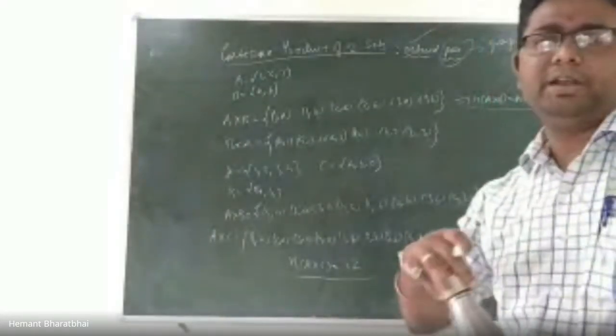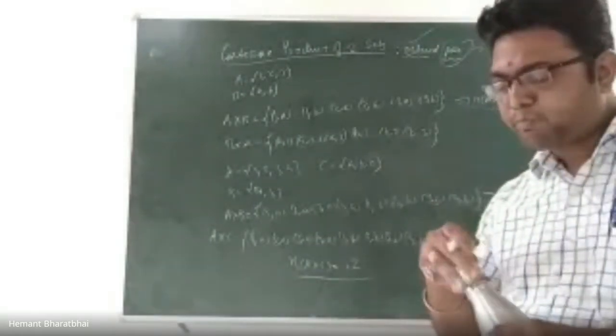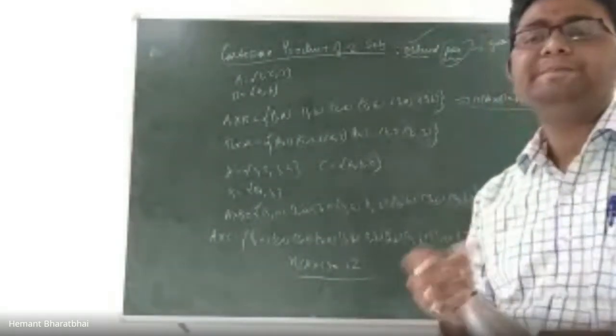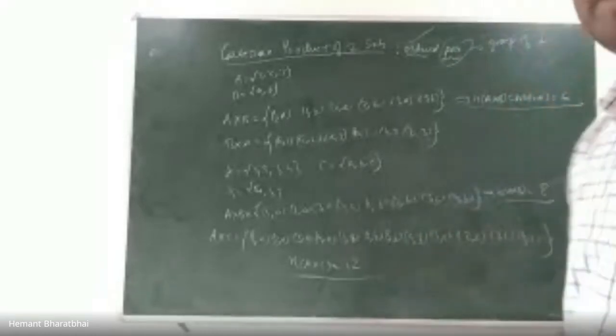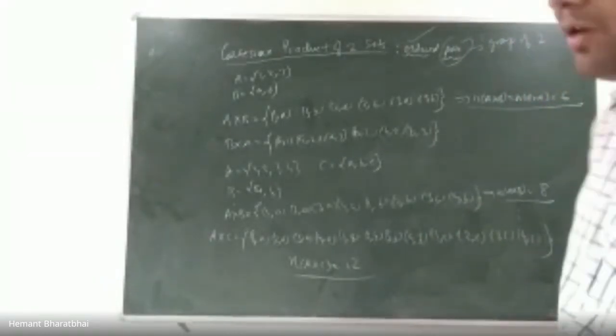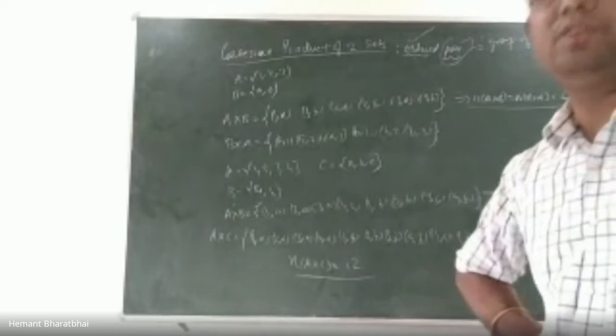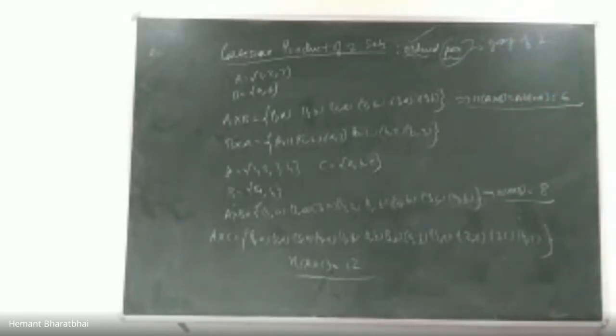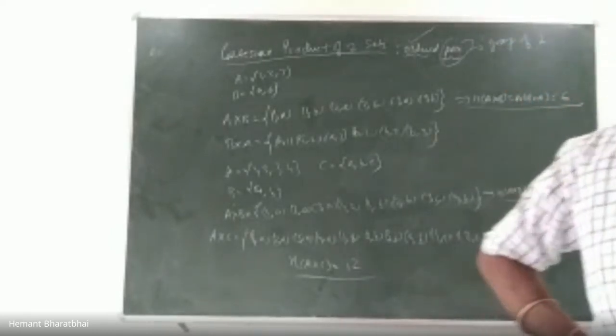When the combinations are fewer, it's good. But when the combinations are more, it's very difficult to write all of them without forgetting one. Hence, we may get the answer wrong.